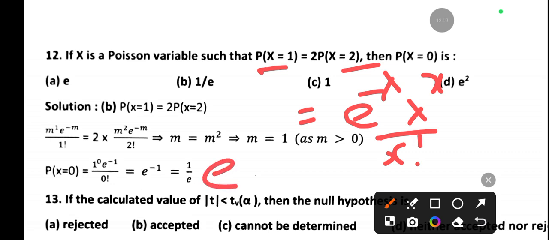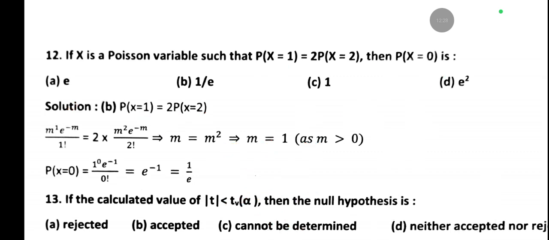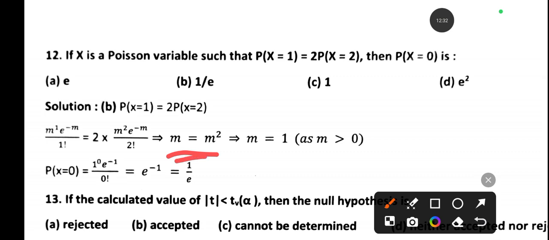Lambda is m, so we are considering e power minus m, then m power x by x factorial. That's what they are substituting, first x equal to 1, then x equal to 2. When they are equating this, they are getting m equal to m square. So m square equal to m, m square minus m equal to 0.